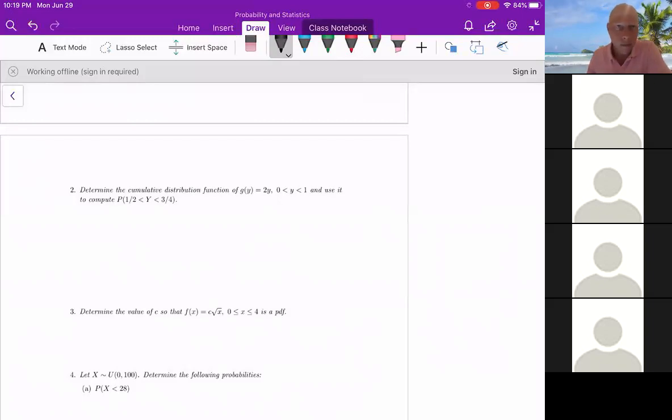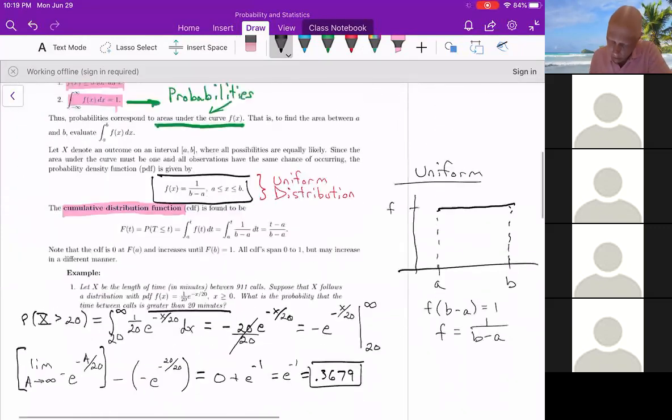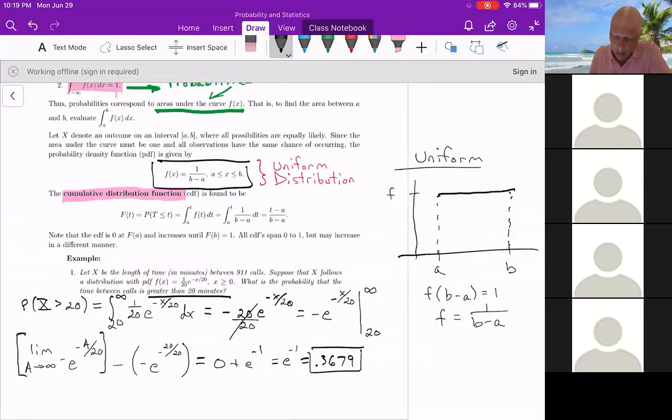Right, so we need to get our CDF. The CDF is going to be, typically it's the capital letter of the lowercase one that you used for the PDF. So since we have little g of y, I'm going to call this capital G of y. And based on the definition of CDF, this is the integral from the lower bound up to t.